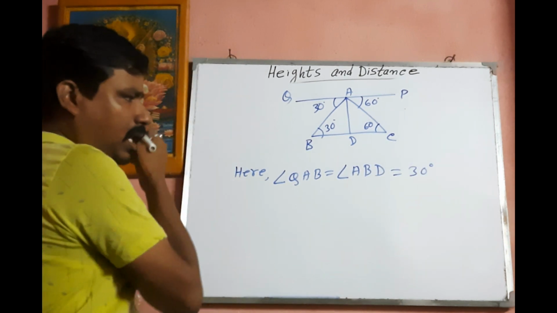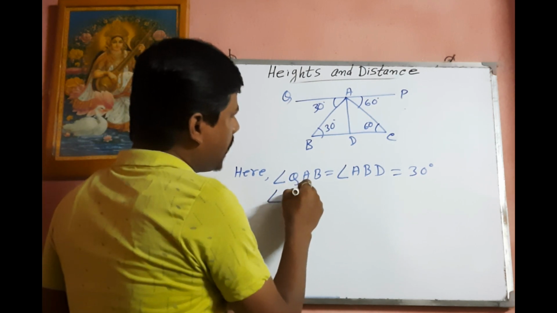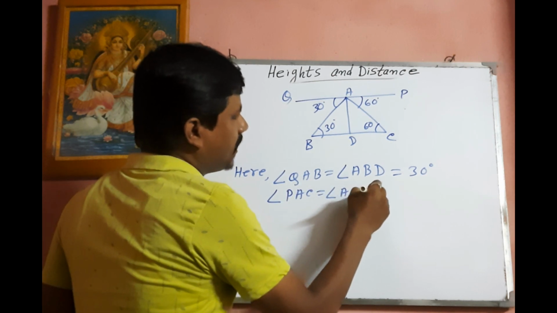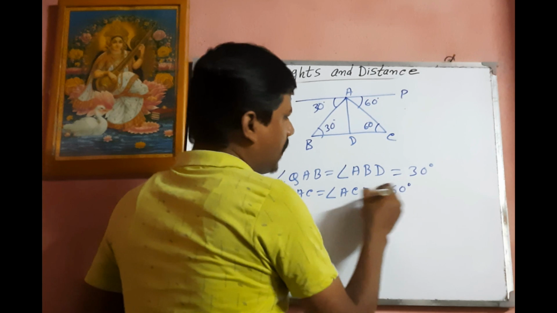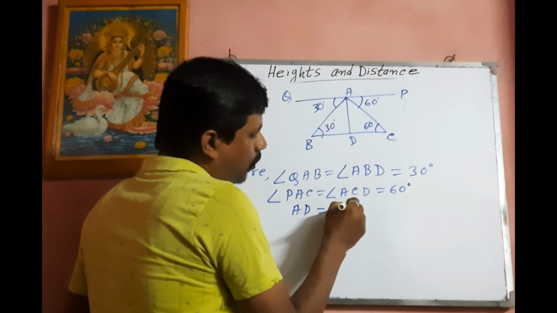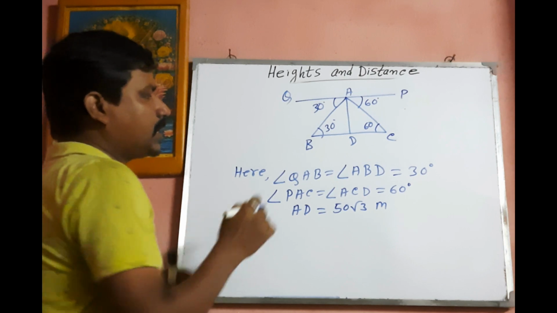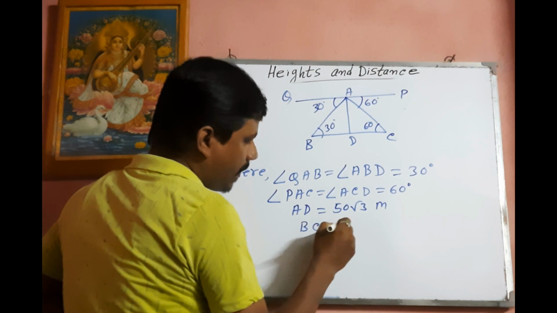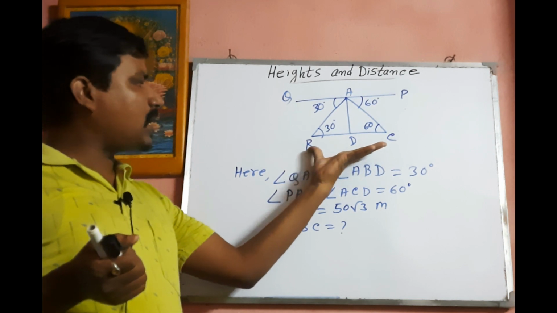These are alternate angles, and similarly angle PAC is equal to angle ACD. If AD is given and AD is equal to 50√3 meter, then we want to find the distance between the two points B and C.